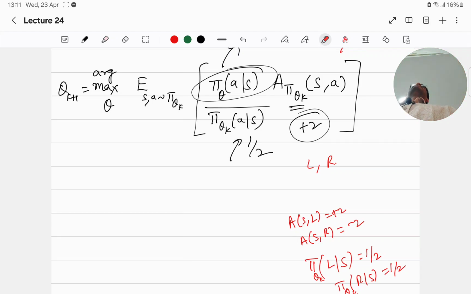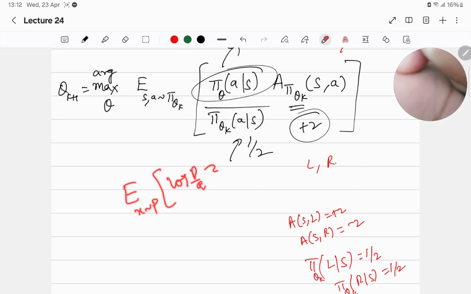KL divergence is not symmetrical. Will that matter, because the trust region should be kind of symmetrical? I don't think there will be much issue with that, because in a lot of places we are using KL divergence. When you talk about the KL divergence, it will be like the expected value of x, p log p by q, or something like this.